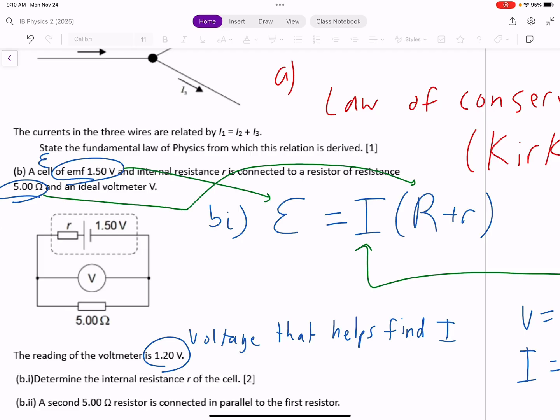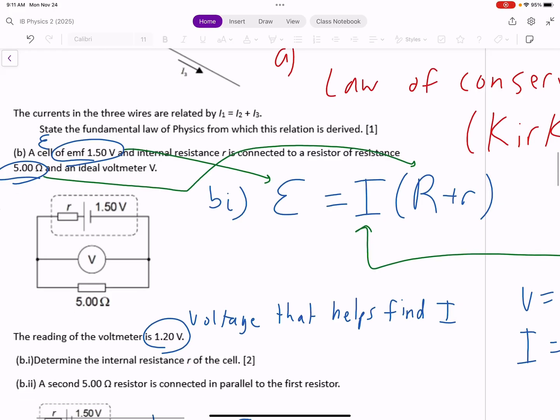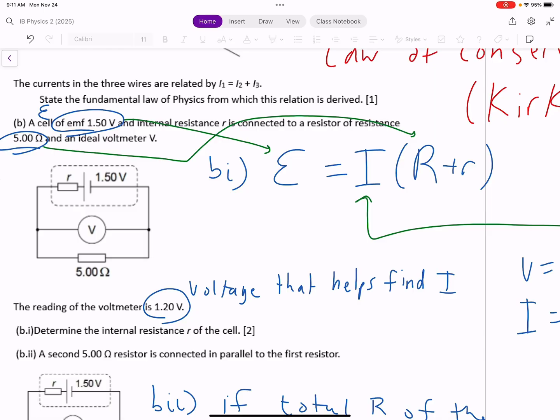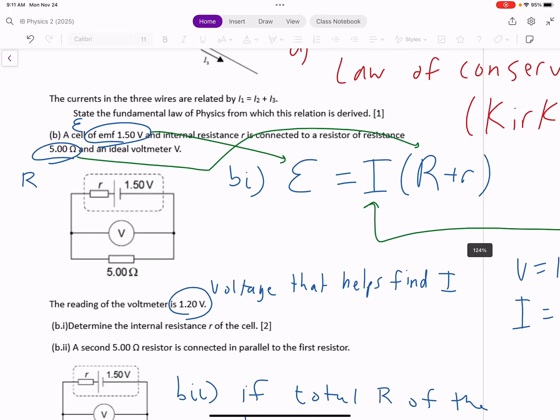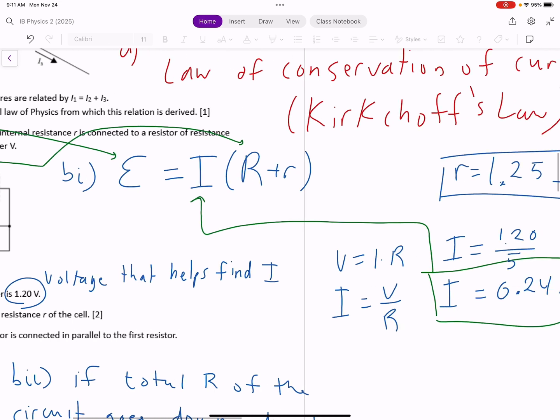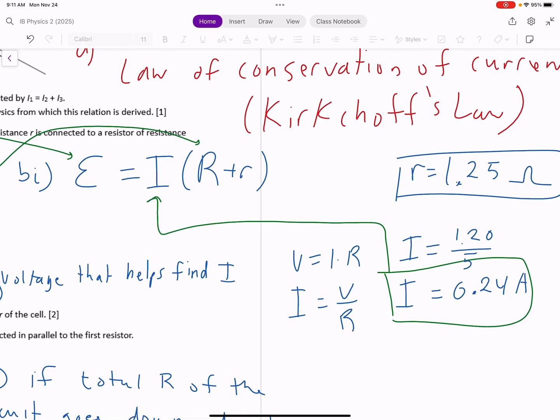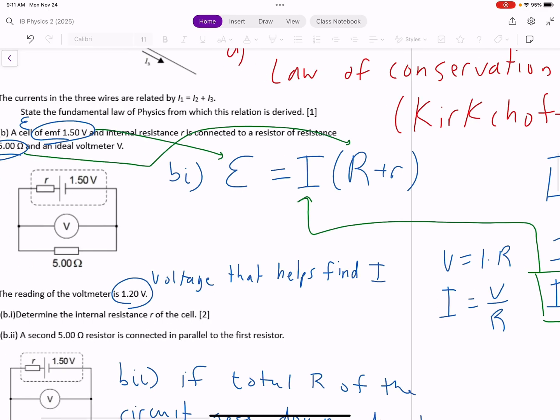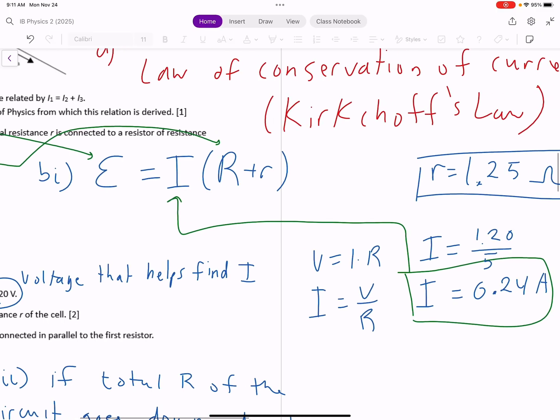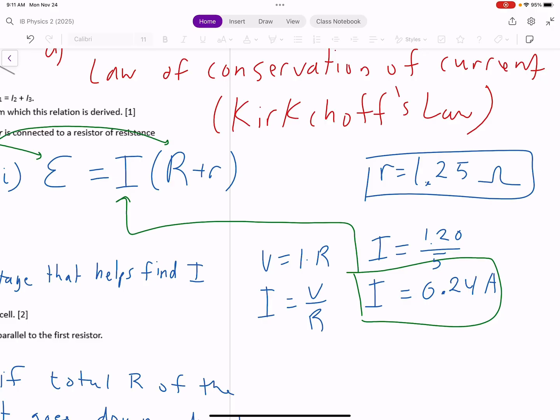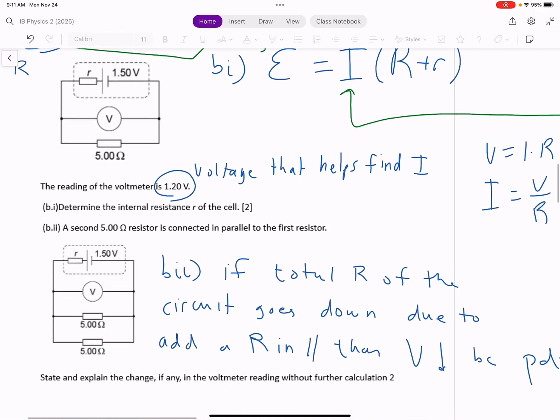So obviously the EMF is the E. The current, we have to solve for the current. Let me see here. The reading in the voltmeter. We're given the reading in the voltmeter. So since we're given the reading in the voltmeter, we're going to use the reading in the voltmeter to find the current. So over here, we found the current using V equals IR is 0.24. Okay? So you have to use the voltmeter reading to find the current, not the EMF value to find the current. And then we get an internal resistance of 1.25. So it's, again, a small number.